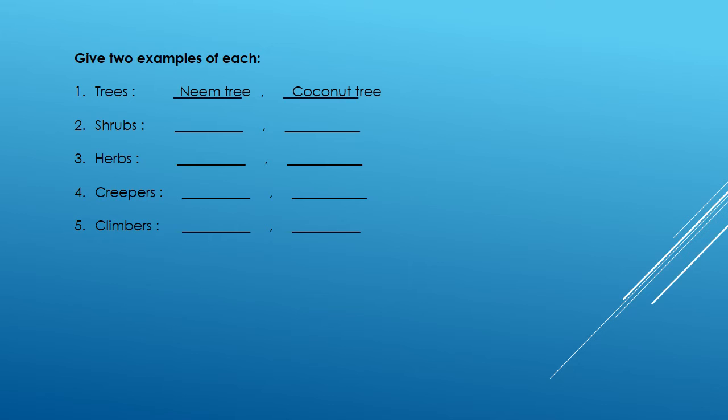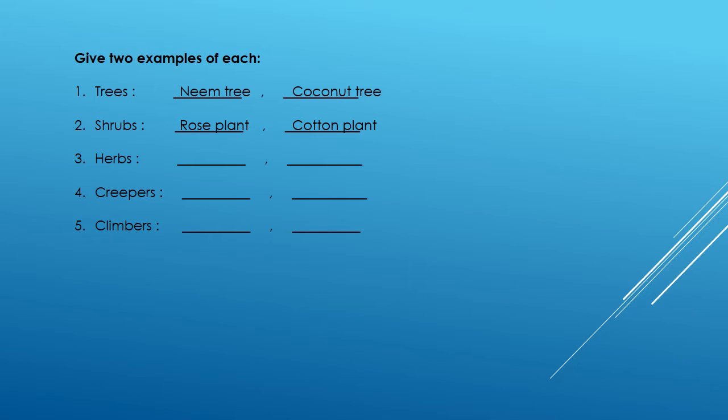Second, shrubs. Two examples of shrubs are rose plant and cotton plant.